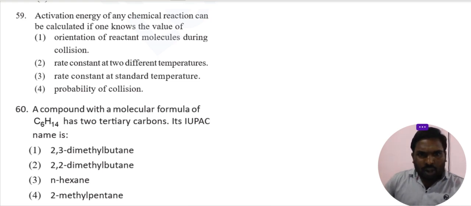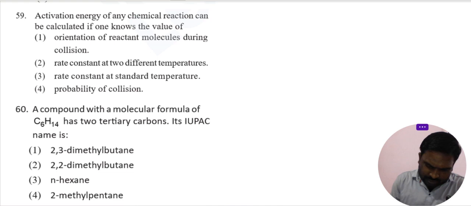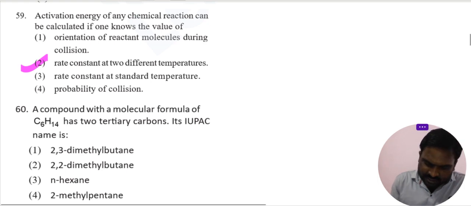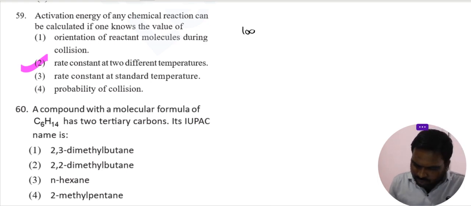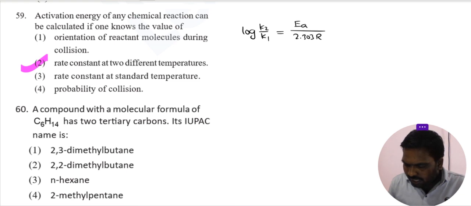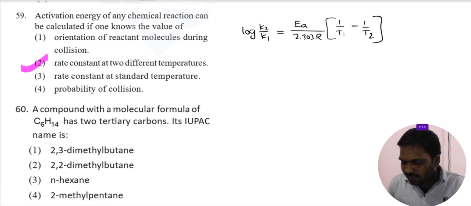The activation energy of any chemical reaction can be calculated if one knows the value of... Which one is the right answer? Option 2 is the right answer. If we know the rate constant at two different temperatures, then we can calculate activation energy. The formula: log K2 by K1 equals Ea by 2.303 R into (1 by T1 minus 1 by T2).